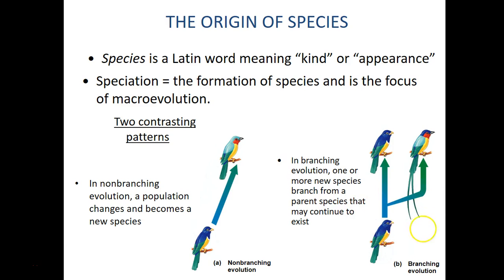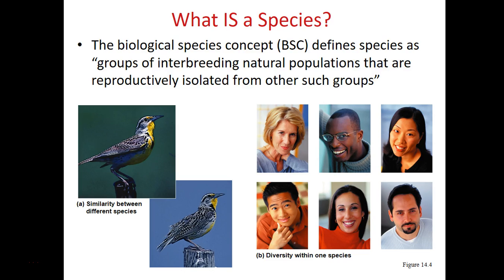But precisely what is happening at the branch point, what divides a population into two that precipitates macroevolution, that's going to be the focus of this lecture. So let's first talk about what a species is. We use the biological species concept, and that defines a species as a group of interbreeding natural populations that are reproductively isolated from other groups.